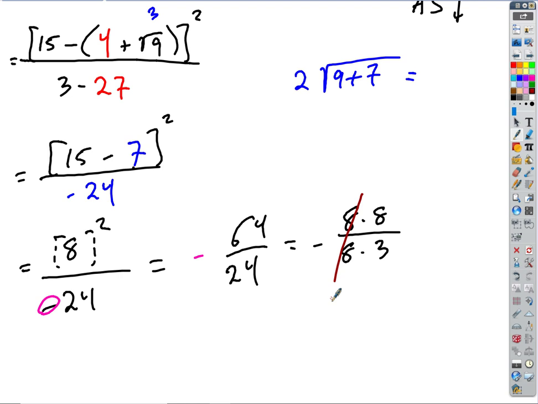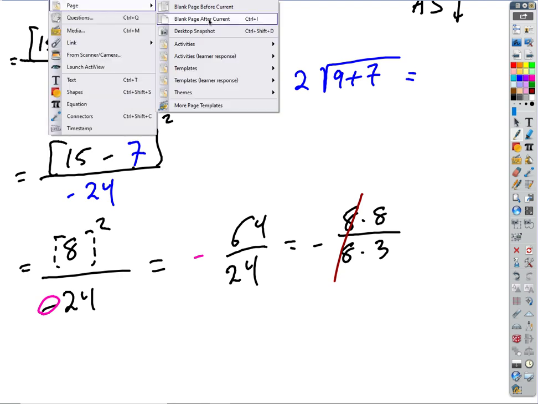I'm going to make this point now, and I'll make it again many times. You can cancel common factors in algebra, but you cannot cancel common terms. So I can cancel those 8's because the 8's are being multiplied by everything else on the top and everything else on the bottom. Here's probably the most common mistake that I see, all the way up through even calculus.